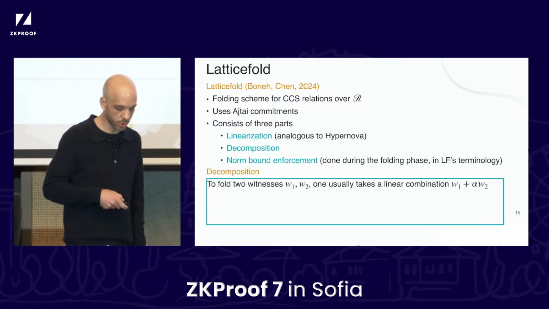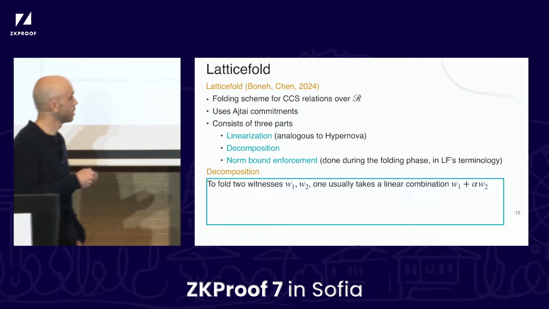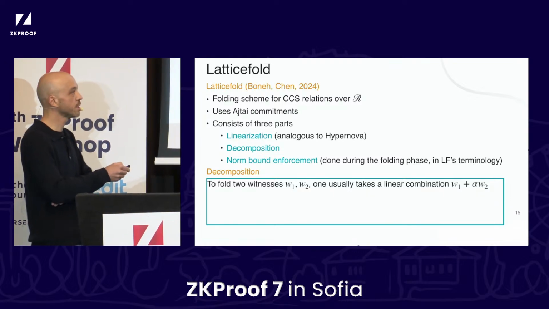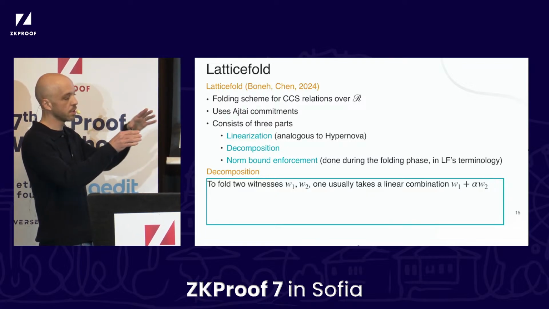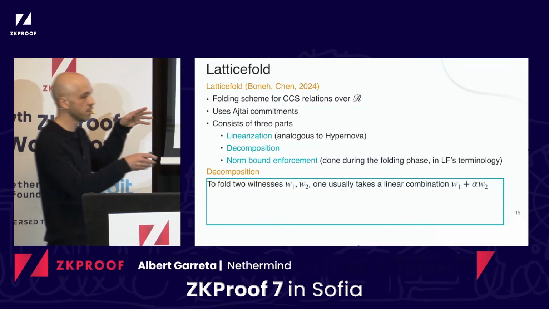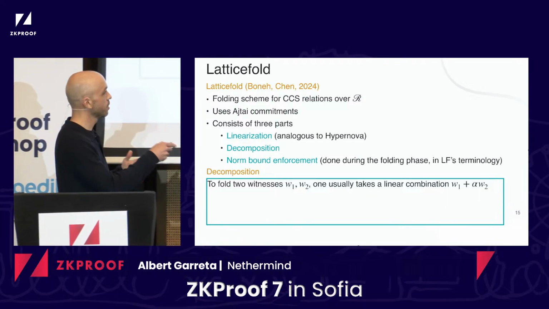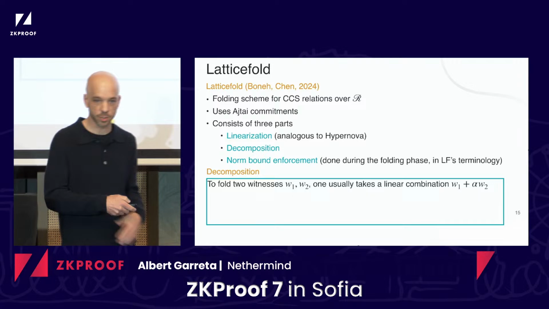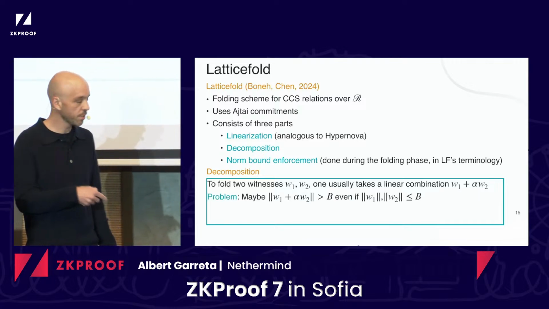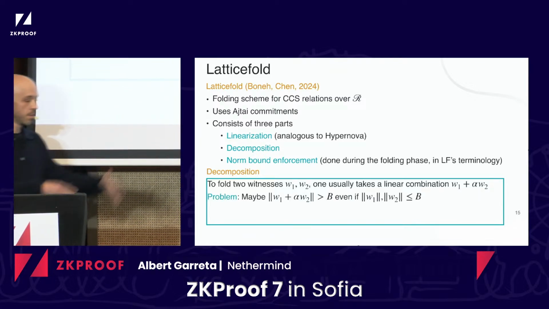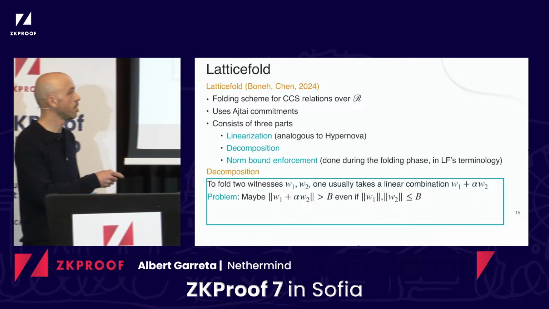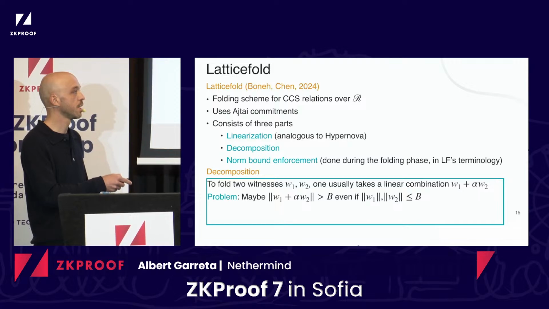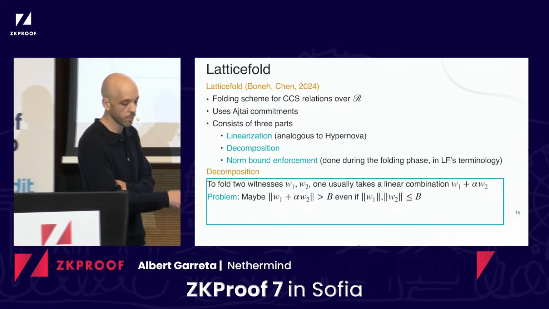So regarding the decomposition, as Dan explained, I hope, to fold 2 witnesses, the folding in LatticeFold is done as usual, which is you take the 2 incoming witnesses and you try to take a random linear combination of them. The problem with doing that out of the box is that maybe the norm of your witnesses is larger than B, even if your original witnesses had smaller norm.